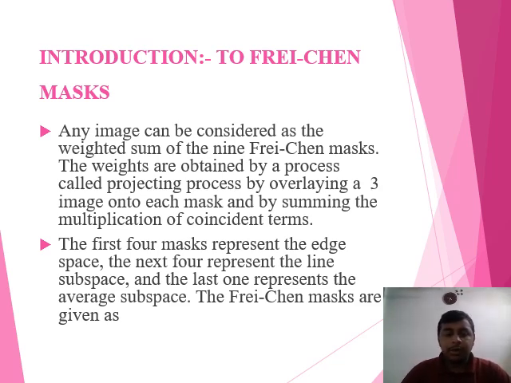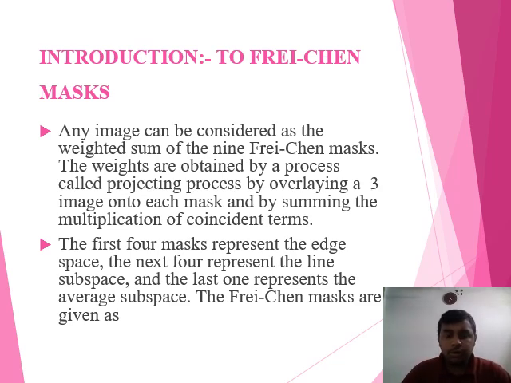The first four represent the edge subspace, the next four represent the line subspace. The first four masks of the overlaying Frei-Chen masks are represented as the main space. For example, in the next slide we are going to see that example.